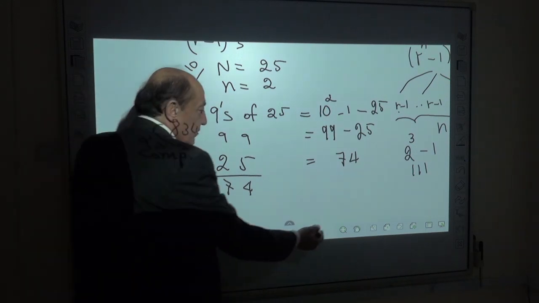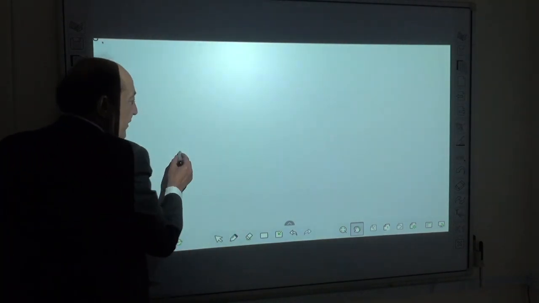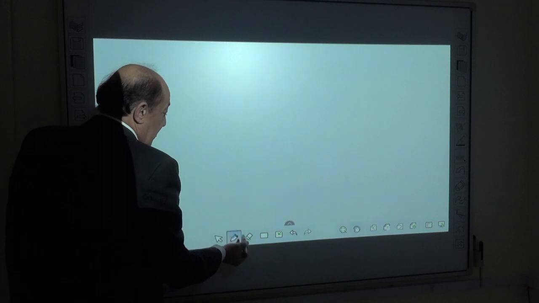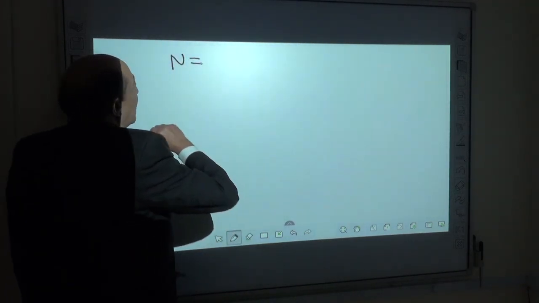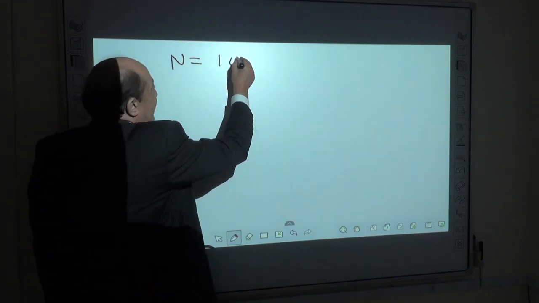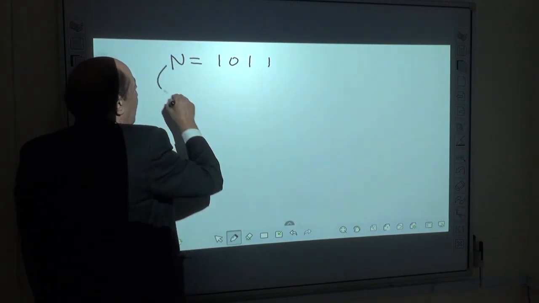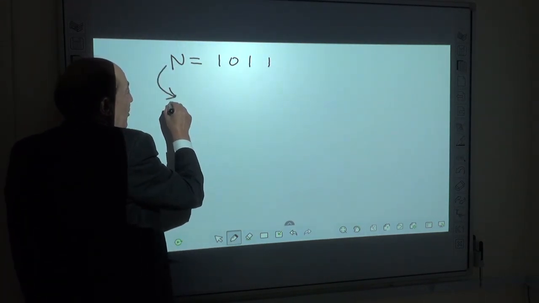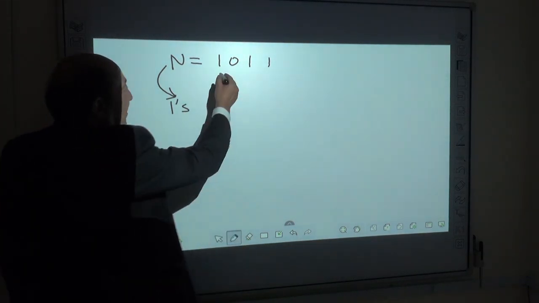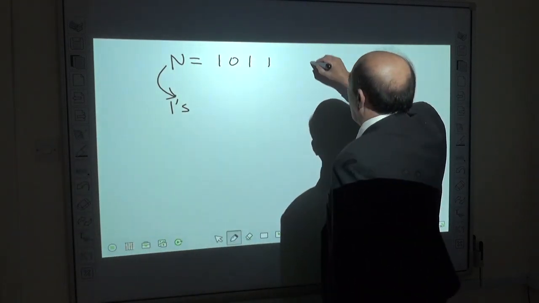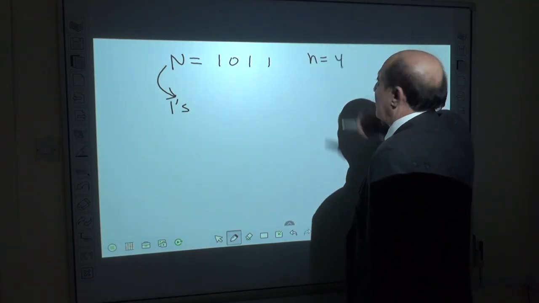In binary, if we need to find the 1's complement of the number 1011, for example. This is number n, small n equals the number of digits, 4.